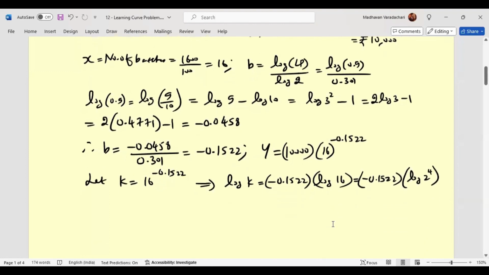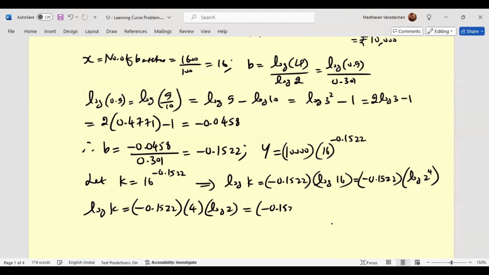So therefore, logarithm of K will be negative 0.1522 times 4 into logarithm of 2. So that will be negative 0.1522 multiplied by 4 multiplied by 0.301. If we multiply all these values, we will get negative 0.18325.